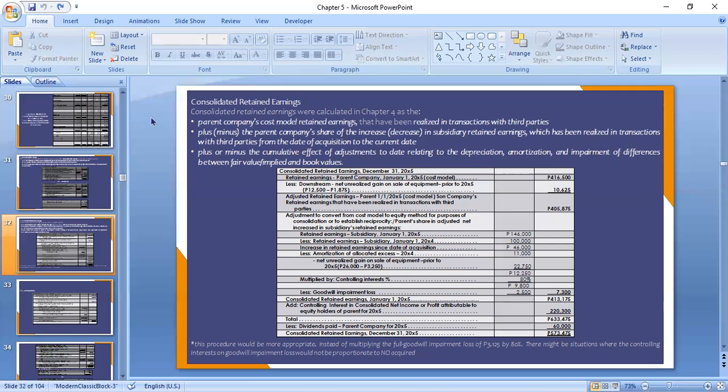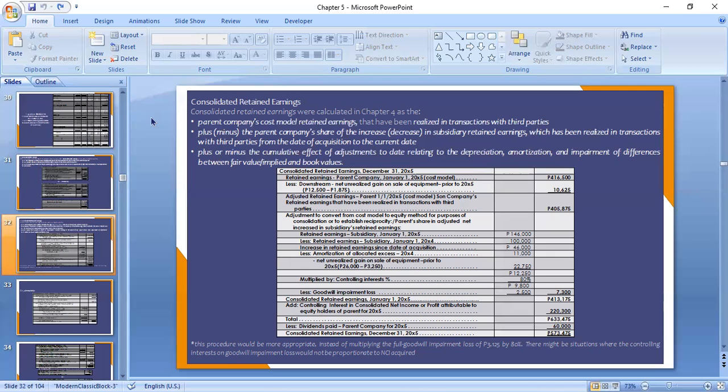We are now adding 7,300 and the consolidated retained earnings on January 1, 20x5 of 413,175. And we add the controlling interest in consolidated net income, or profit attributable to equity holders of the parent, for 20x5.